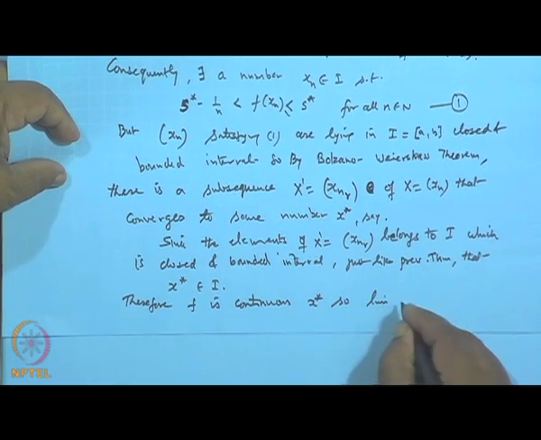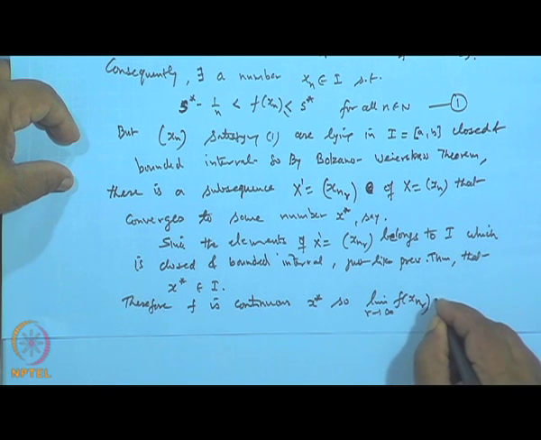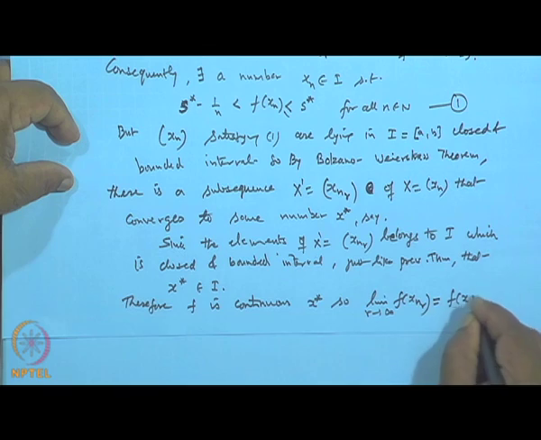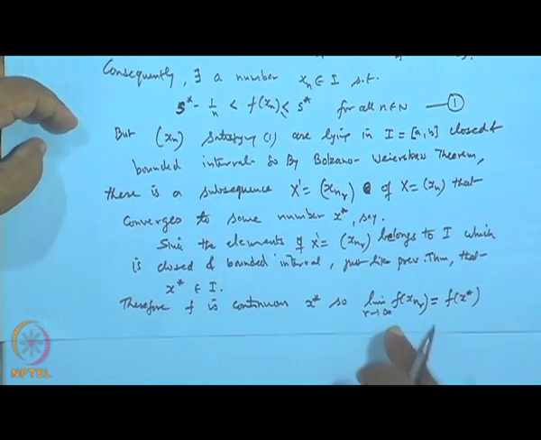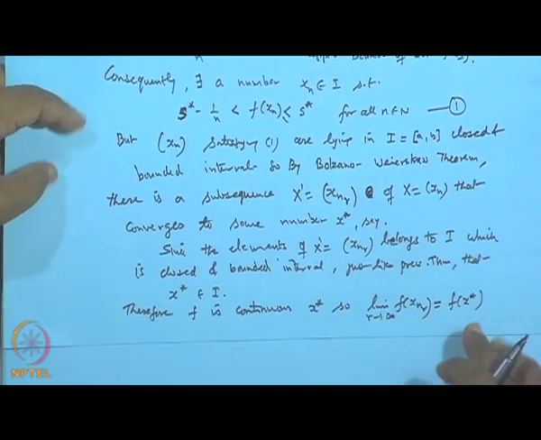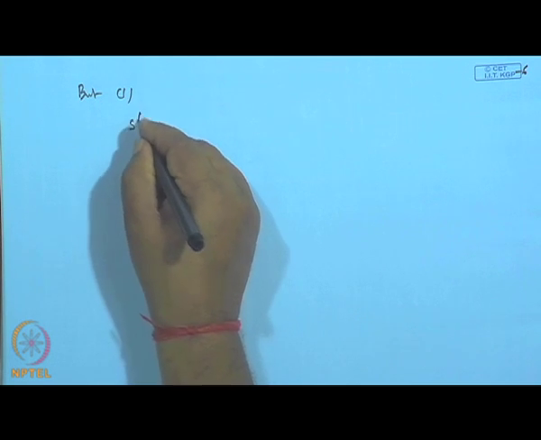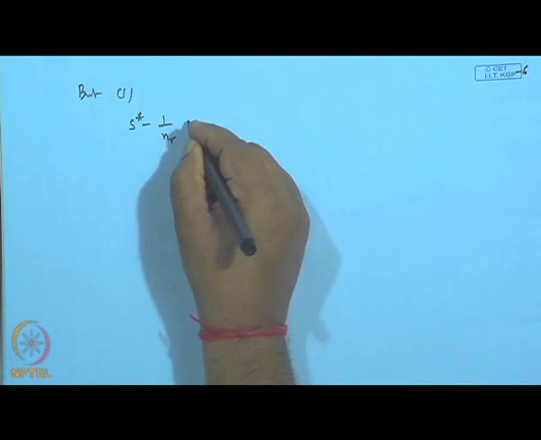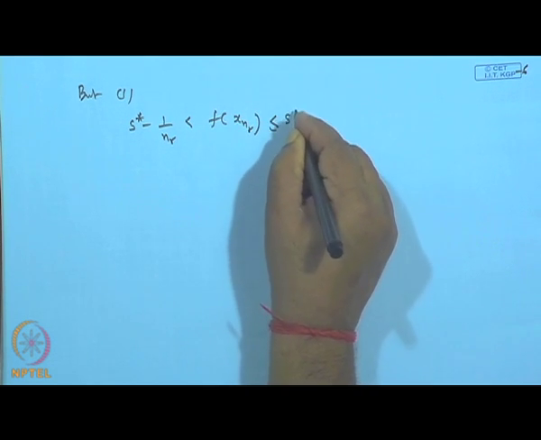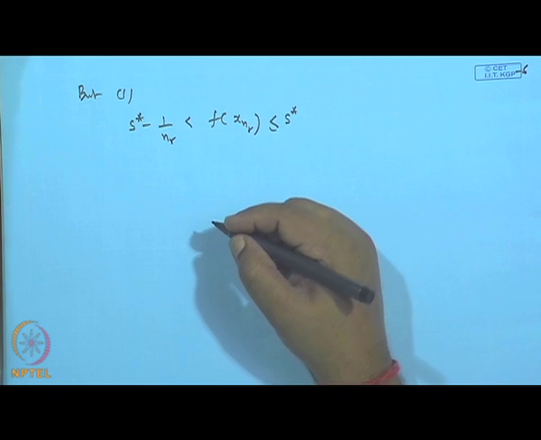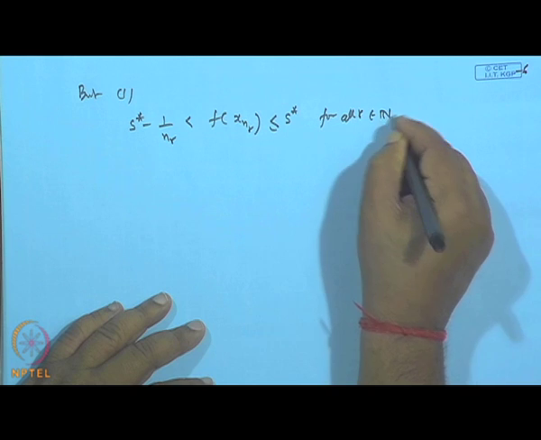So, by the theorem, the limit of f(x_{n_r}) as r tends to infinity coincides with f(x star), because of continuity. But by the first one, what we get is s star minus 1/n_r is less than f(x_{n_r}), which is less than or equal to s star, is it not? So, this is true for all r belonging to N.